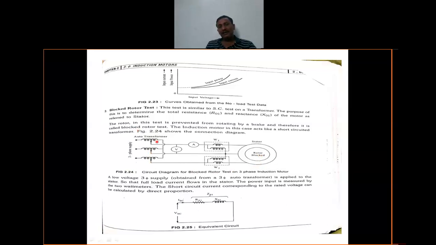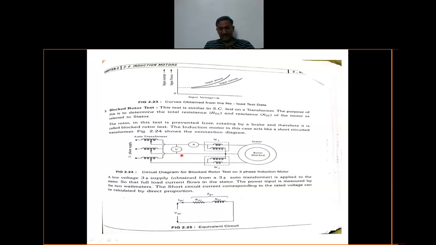If you apply rated voltage, there is a possibility of burning the motor, because here the rotor is blocked, the rotor is short circuited. So a small voltage produces very large current. So this is the main precaution while conducting the blocked rotor test.